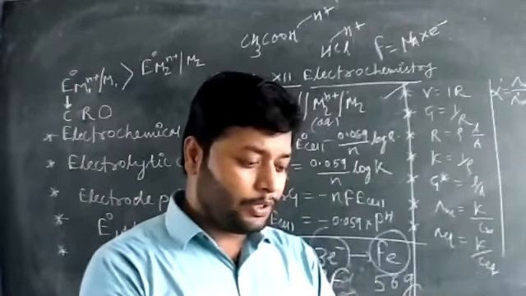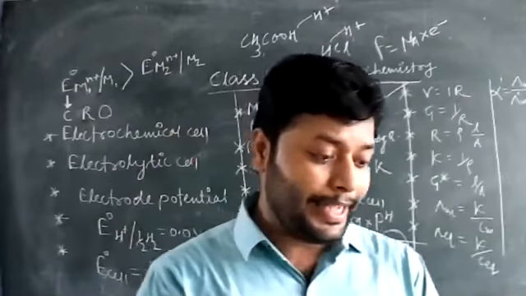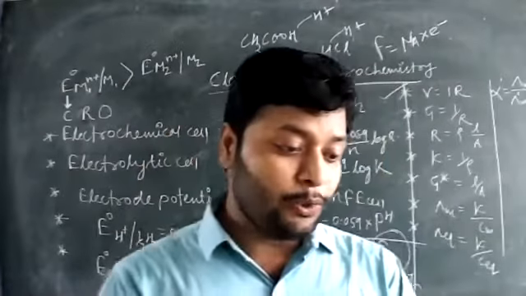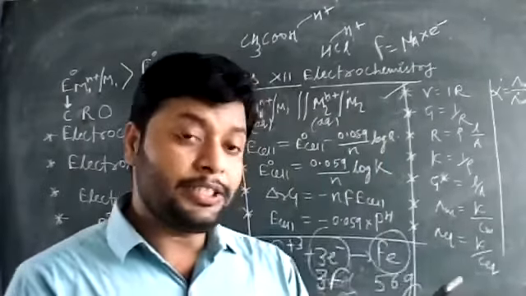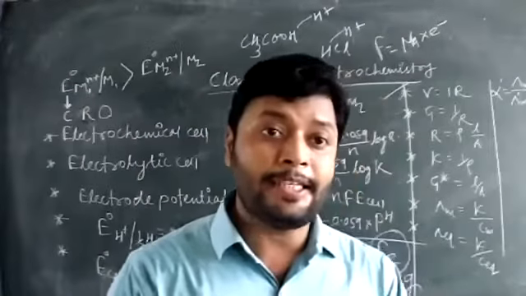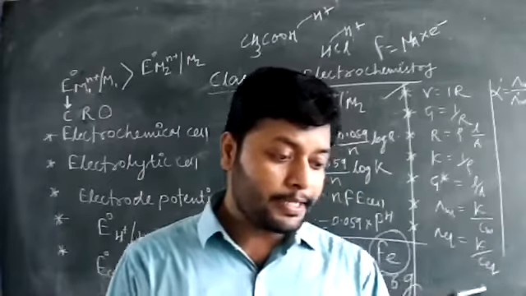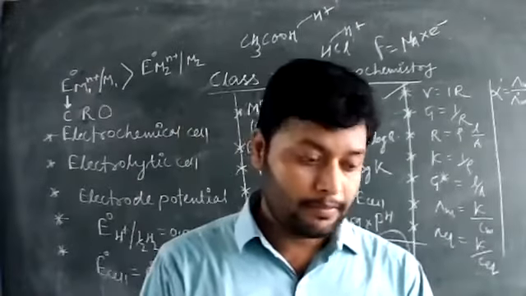The question is all about three electrolytic cells A, B, C containing solutions of ZnSO4, silver nitrate, and copper sulfate respectively, connected in series.